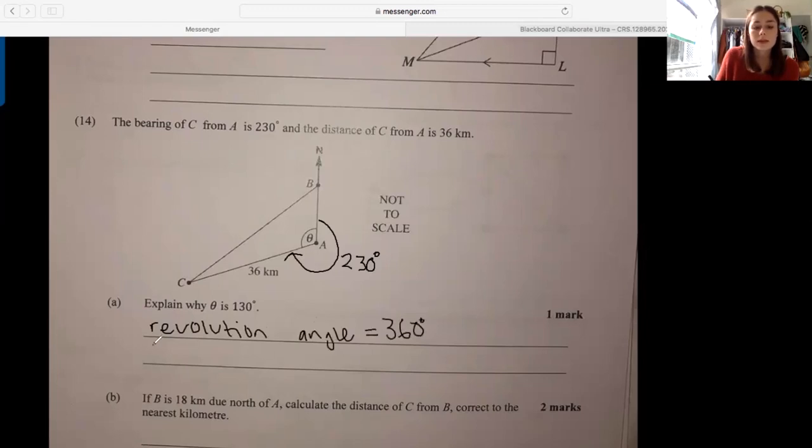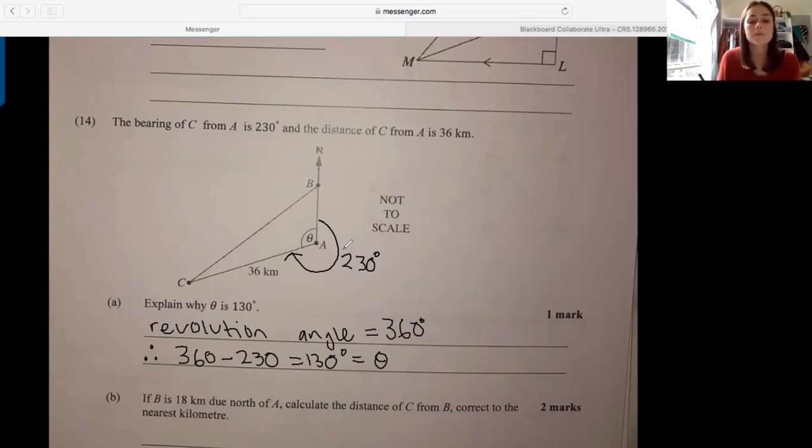And then you can do therefore 360 minus 230, which was the given bearing, equals 130 degrees, equals theta. And you could put on the first line bearing of C from A equals 230, given, if you want to, but you don't have to.